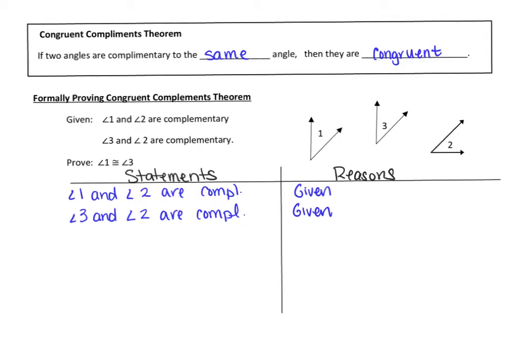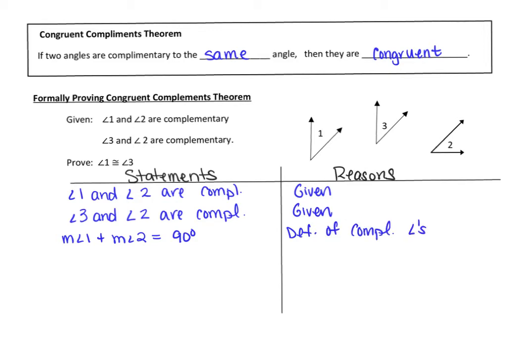So similar to the last problem, if angles are complementary, that means they add to 90. So I can say that the measurement of angle 1 plus the measurement of angle 2 is equal to 90 degrees, and that is by definition of complementary angles.